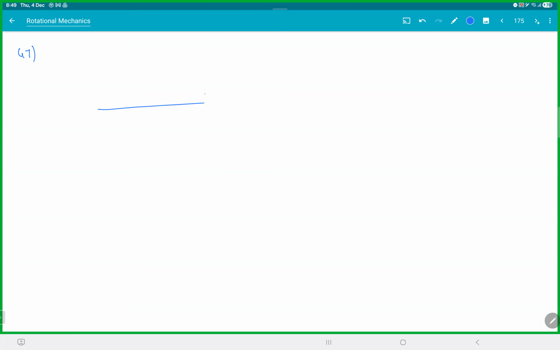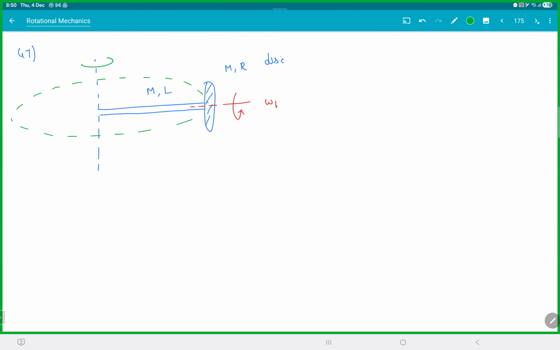Let's say we have a rod and a disc. The rod's mass is m, length is l, and the disc has mass m and radius r. Just like a swinging table fan. This disc itself is rotating with omega 1, and this whole setup is going in a circle with omega 2.